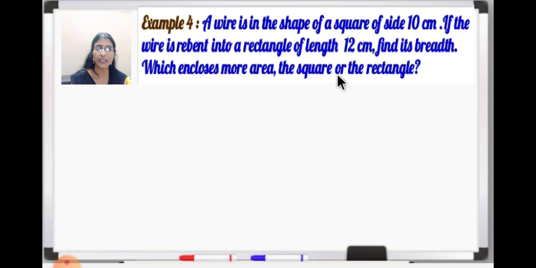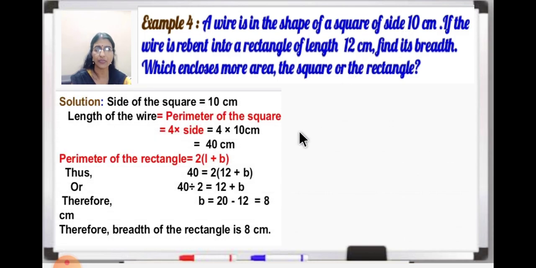So first you have to understand, a wire is given the shape of a square, and then the same wire is rebent into a rectangle, and we know the length of the rectangle. So the length of the wire will be equal to the perimeter of the square, and we know the side of the square as 10 cm. So let us see how to solve it.